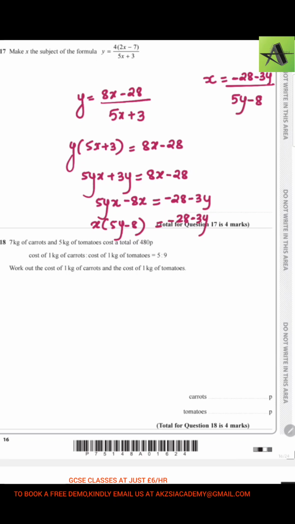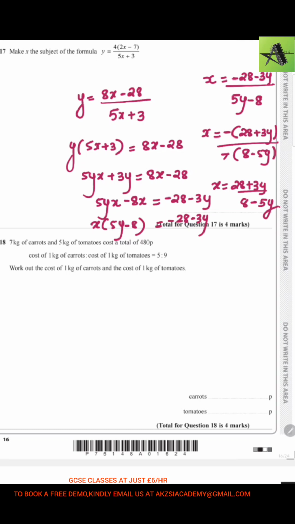Or if you want to remove the negative sign, taking out negative as common, it's 28 plus 3y over 8 minus 5y. Cancelling it out, your final answer is 28 plus 3y over 8 minus 5y.